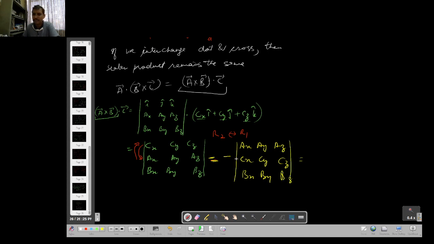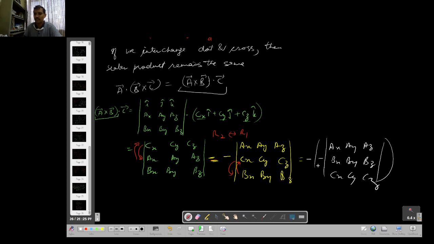And let me exchange now these two. This will go to here and it will go to here, and then again negative sign will also be there. Means it is minus of minus. It is AX, AY, AZ; BX, BY, BZ; CX, CY and CZ. If I do this, then minus minus will become positive, right?